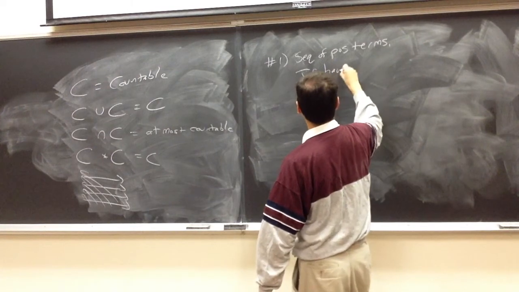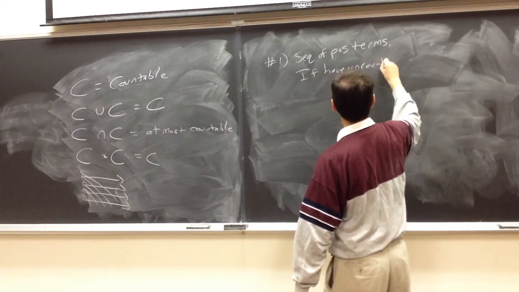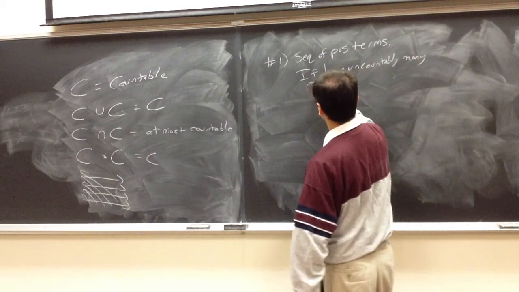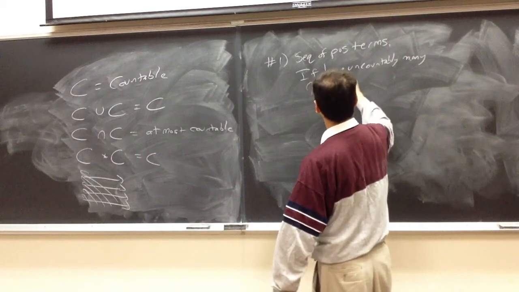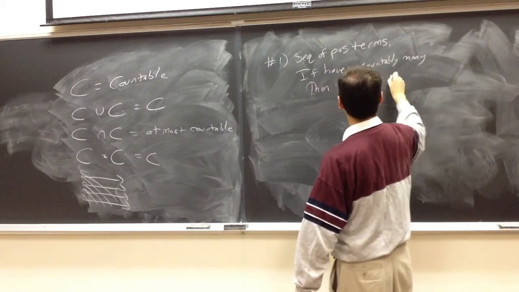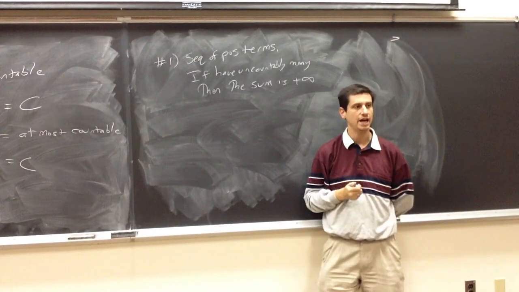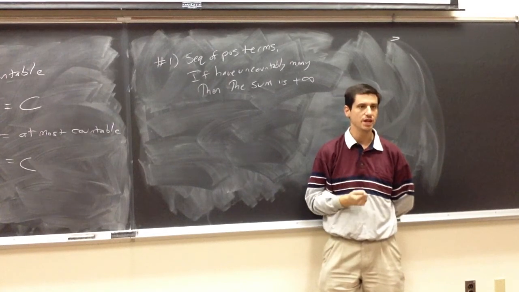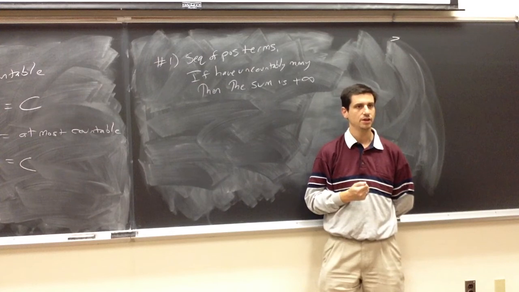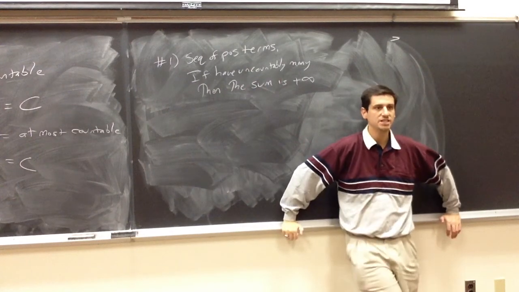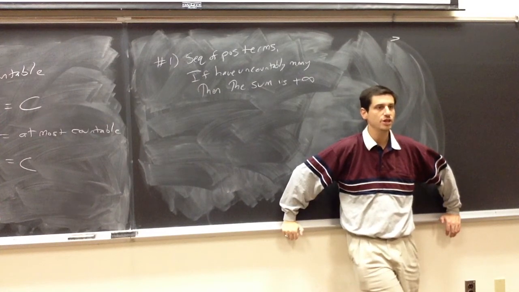If you have uncountably many, then the sum is plus infinity. So there is no way to have an uncountable sum of positive numbers being finite. As soon as you see something like this, you should change one of the assumptions and ask, is it still true? What assumption should I try to change?